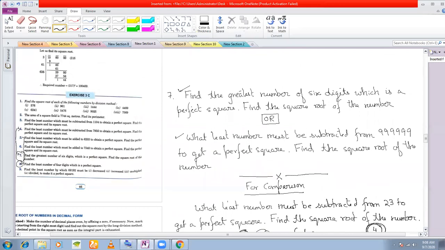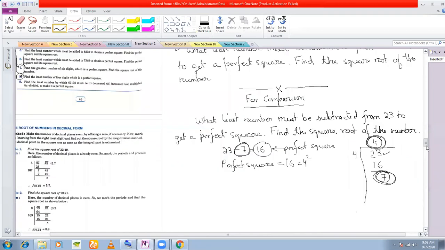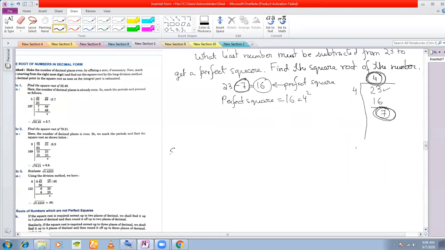Let us look at the first statement: find the greatest number of 6 digits which is a perfect square. Now we solve number 7. What is the greatest number of 6 digits?